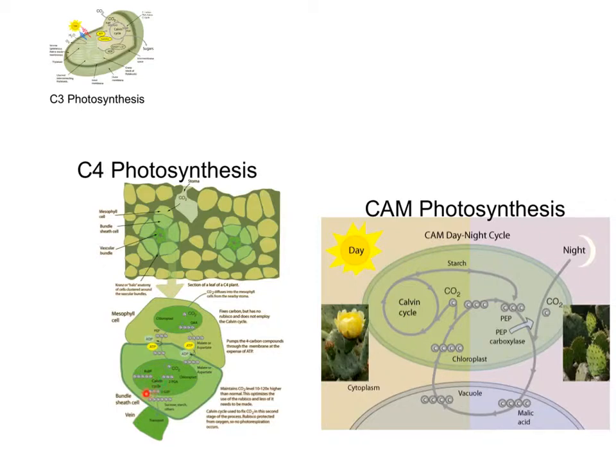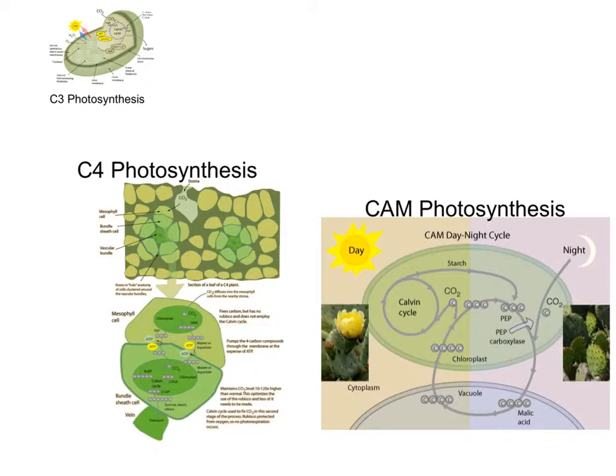So G3P is made ultimately here as well, but first you have an intermediate called malic acid in order to put the carbon dioxide into an area where there's less oxygen. So the malic acid actually turns into carbon dioxide again here in the inner tissues.